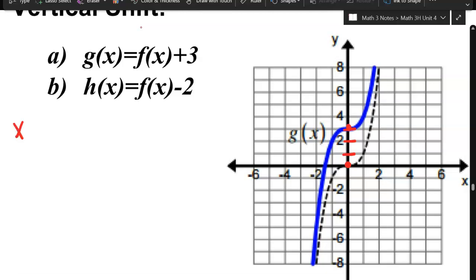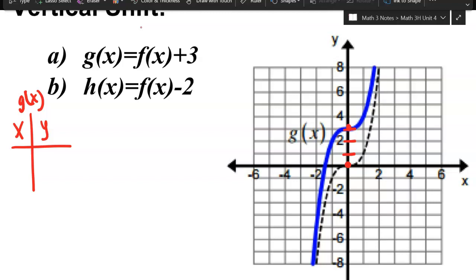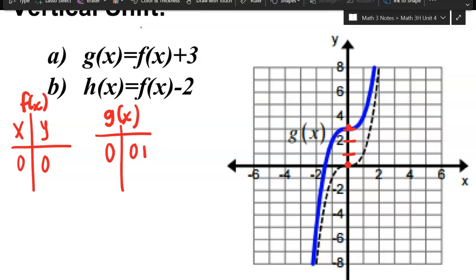If we had an XY chart here, this is f of x, 0, 0, and then g of x, we would be 0, and then 0 plus 3, because we're shifting up 3. We're only changing the Y value.